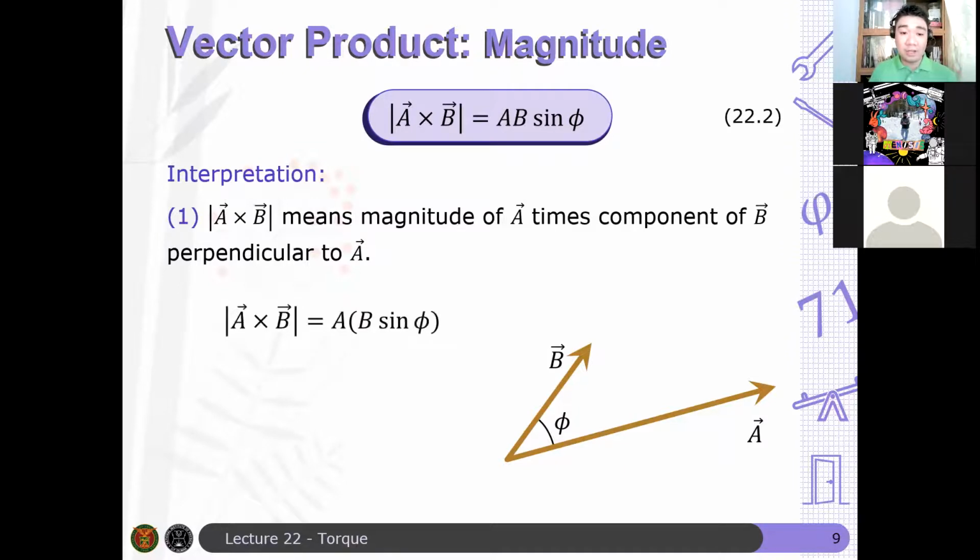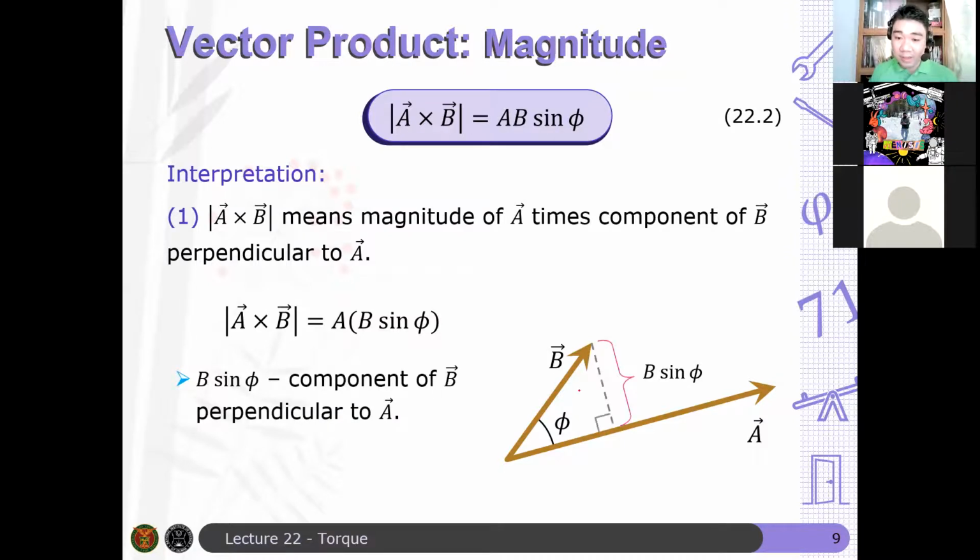For example, here, you have the length of A times the component of B that's perpendicular to the direction of A. So when you draw it, parang nag-drawing ka ng perpendicular component dito, which is B sine phi, and that's what you will multiply by A. Okay? Nakuha? This is not the same as last time na nagbagsak ka ng shadow sa plane parallel to A.